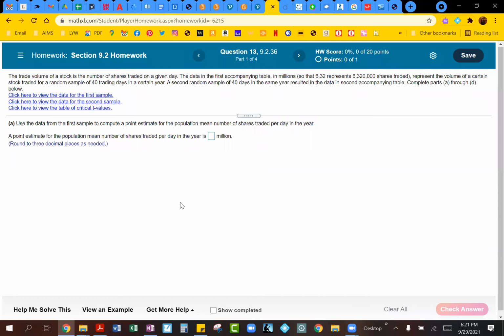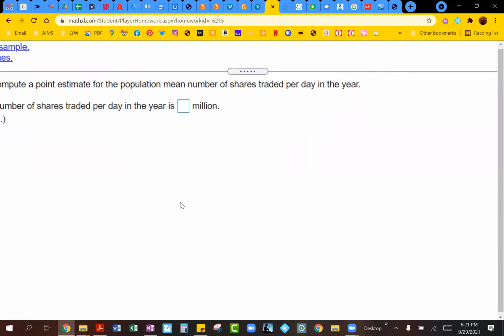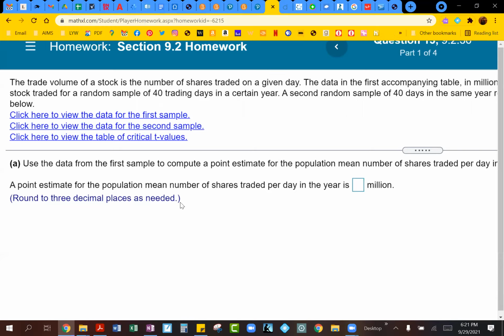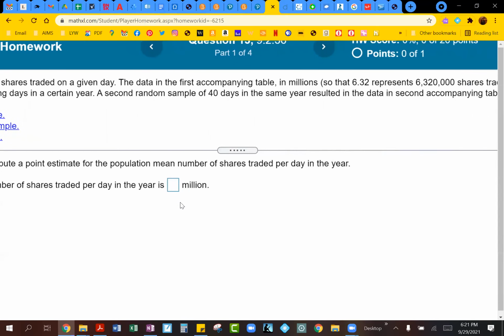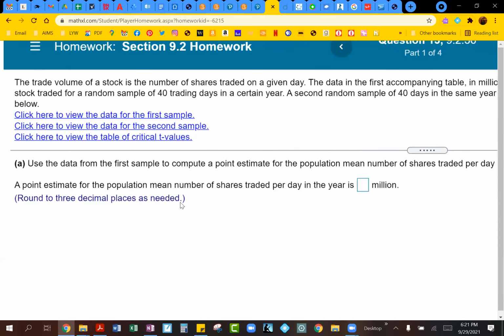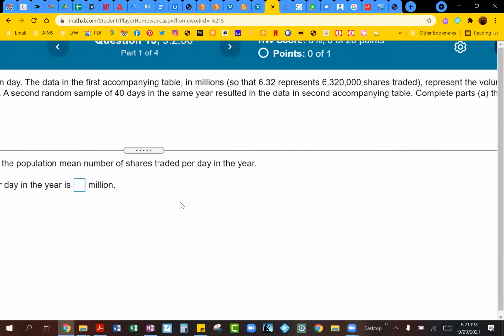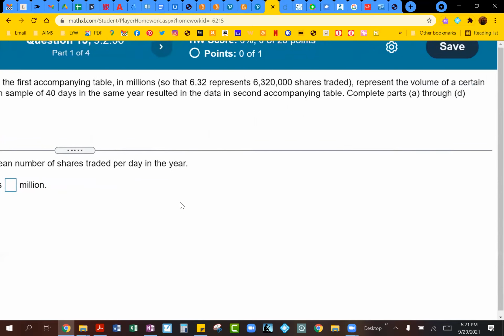All righty. So this one is very similar, actually. Let me make this a little bit bigger. This one is talking about trade volume of a stock, which is the number of shares traded on a given day. They're saying the data in the first accompanying table is in millions.